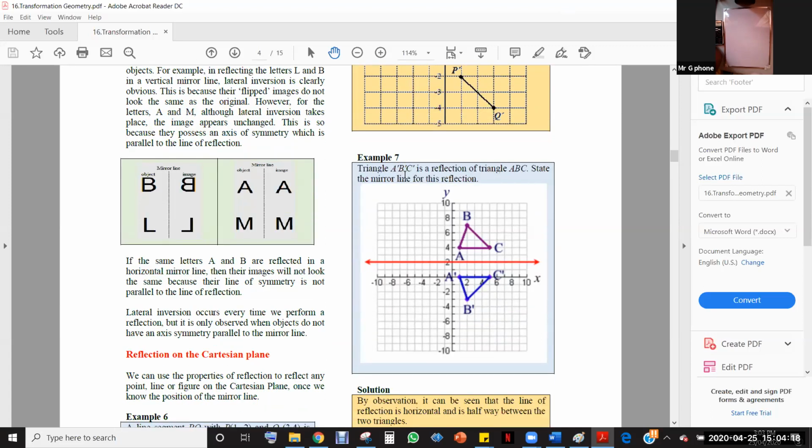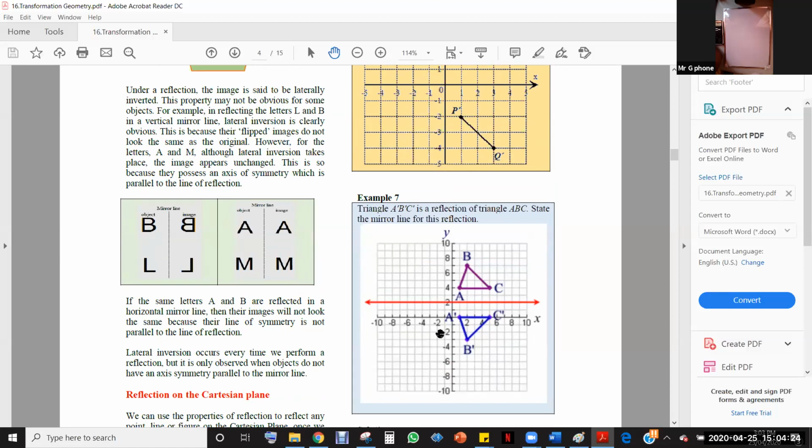So let's look at this one here. Triangle A1B1C1 is a reflection of triangle ABC. State the mirror line here. Well, it's very clear that the mirror line is this red line here. So it's y equals 2. This line here is y equals 2 because it crosses the y-axis at 2.